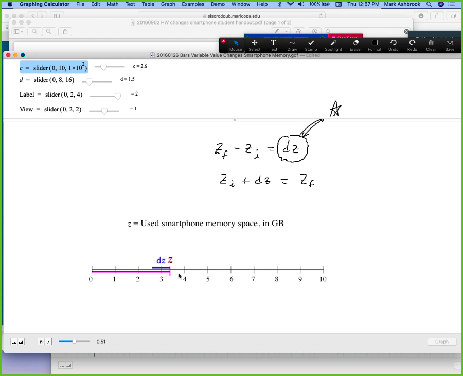Yeah, so as it's downloading, I'm actually not sure that that's the way it works. In the downloading process, it's slowly bit by bit taking up the memory. Is that right? Okay, good. Yeah. So in the download process, the amount of space used is accumulating, right? And so at halfway through, when we've used up, say, 3.4 gigabytes, does it make more sense to think of dz as this value or as this value?